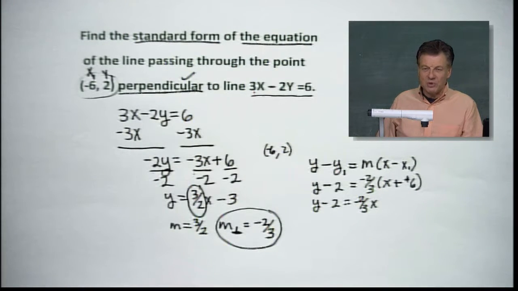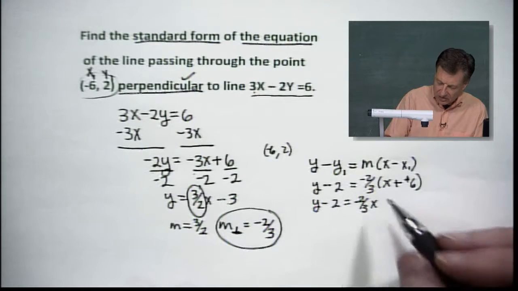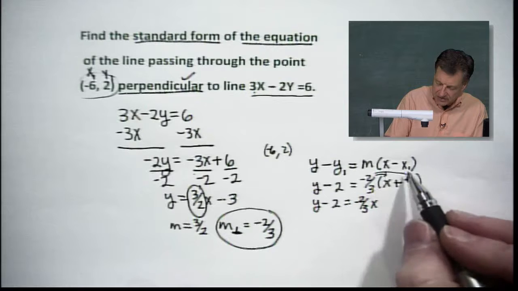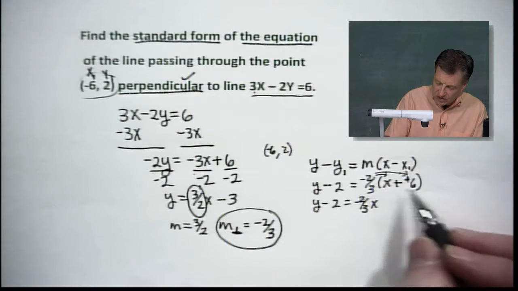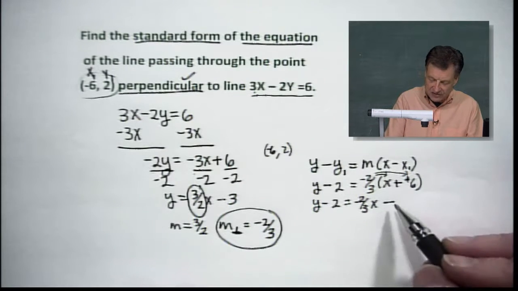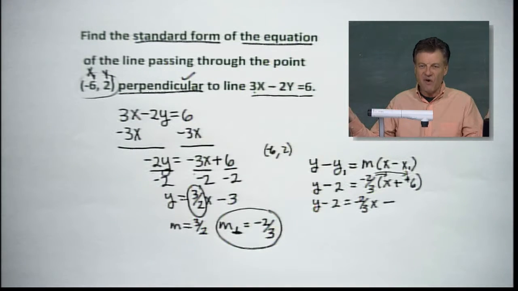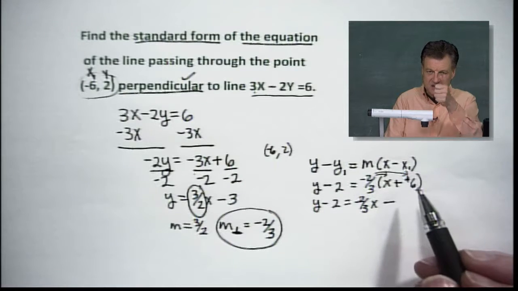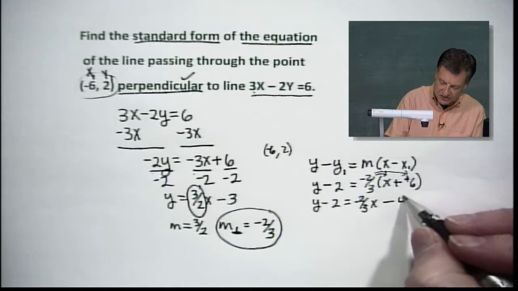Now, what's going to happen when we take a negative 2/3 times 6? We got to distribute. In other words, we're playing the distributive game here, which is going to give us a minus, so we got a minus 2/3 x. Now 2/3 of 6 is 4, but remember, it's a negative, that's a positive, which is going to give us a minus 4 there.